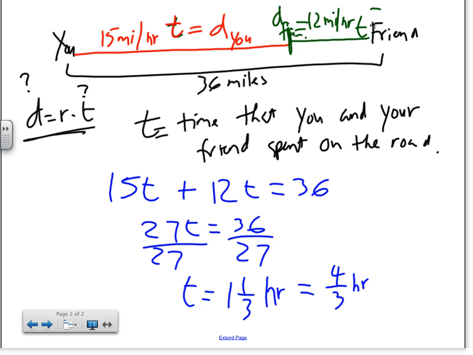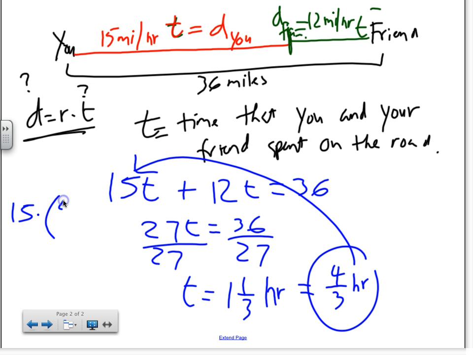But look, didn't we declare this is the distance that you went, 15 times t? If we know what t is, guess what we're going to do next? Plug it back in. You're right. So we'll take that, plug it right back into your distance, which is 15 times 4/3. What is 15 times 4/3? 20. 20 what?